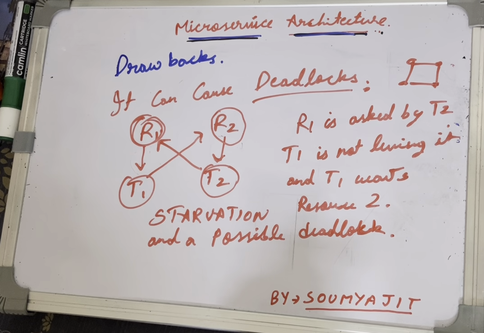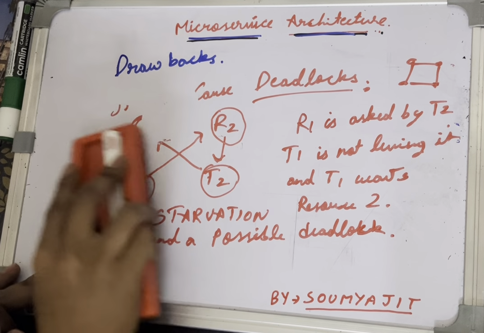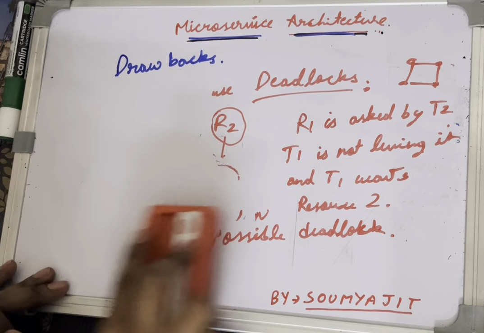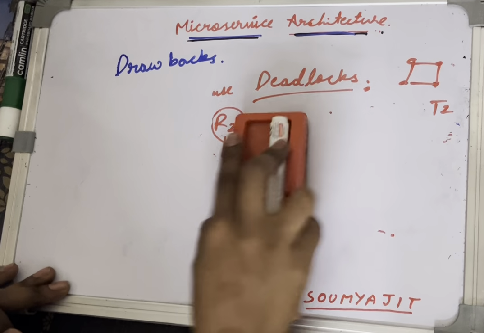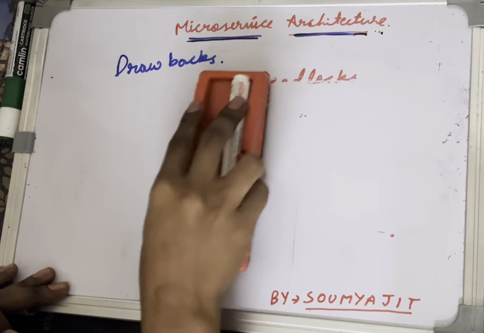To get over the deadlock, you can use some elimination methods, like non-preemptive methods, you can say no preemption, right, and so on.